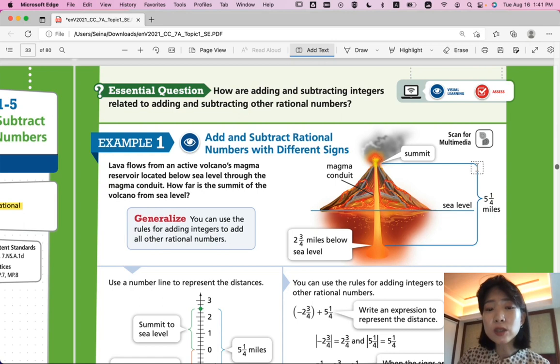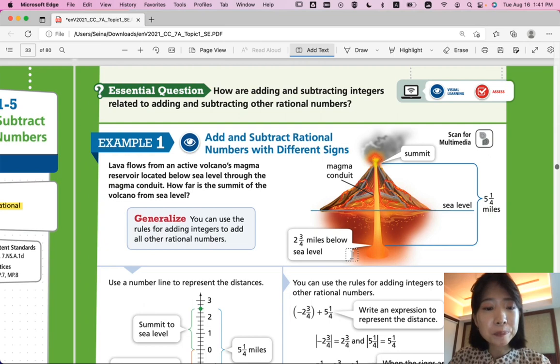Add and subtract rational numbers with different signs. Lava flows from an active volcano's magma reservoir located below sea level through the magma conduit. How far is the summit of the volcano from sea level? So sea level is here, which represents 0.